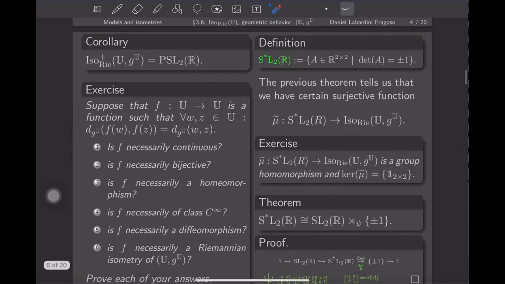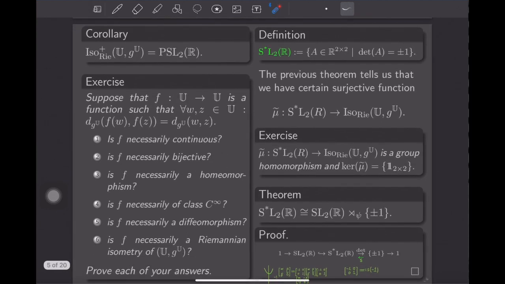Okay, and now we go on to describing the full group of isometries of the upper half plane in terms of this subgroup and the group with the two elements, 1 and -1. So define S star L2R to be those 2x2 real matrices of determinant 1 or -1. Of course, SL2R sits in S star L2R as a subgroup of index 2.